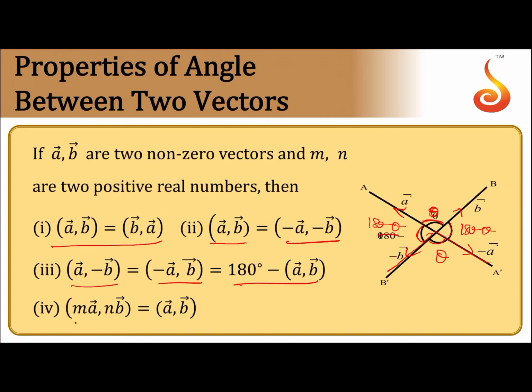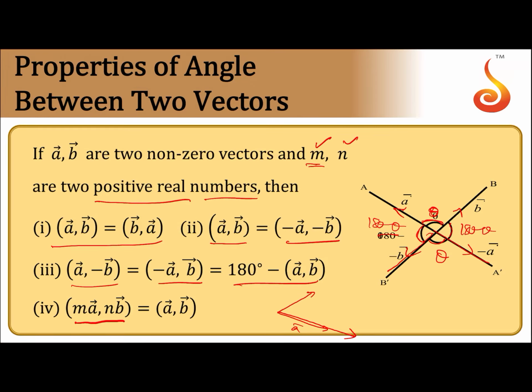And what is the angle between mA and nB? As I told you, if A bar is a vector in this direction, and you are given that m is a positive real number and n is also a positive real number, then mA bar is a vector along the same direction, of magnitude m times the original magnitude.